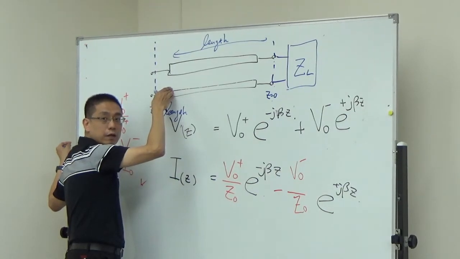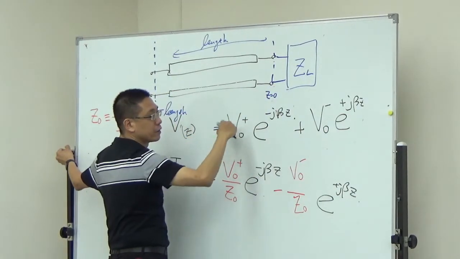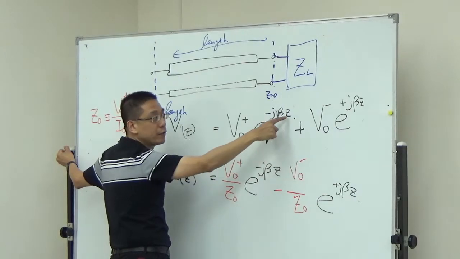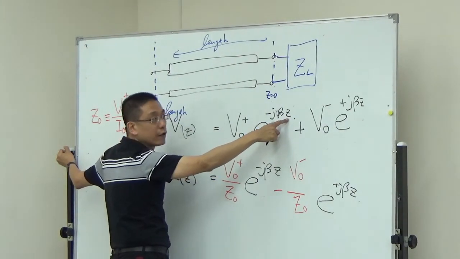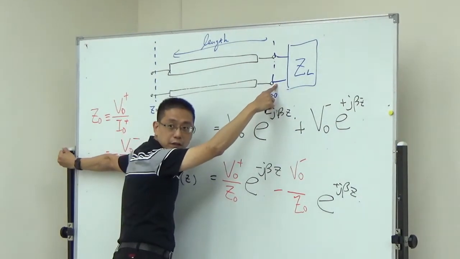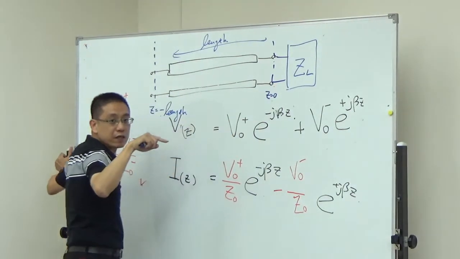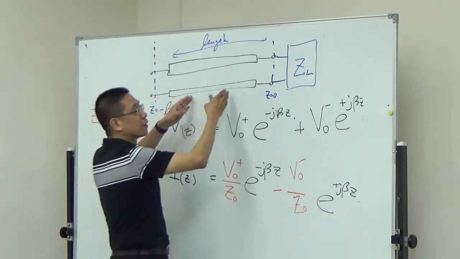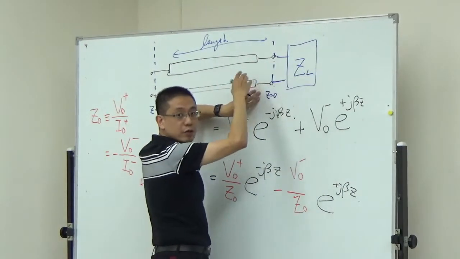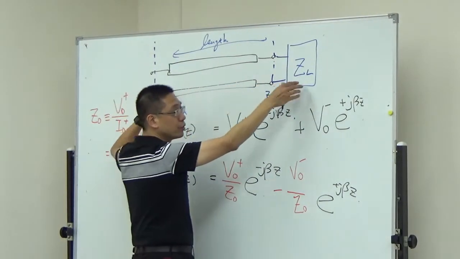Okay? If a wave goes in this direction, it is this wave. When z equals 0, it is the position at the load. Do you understand? I know it is weird, but this is because we define that when z equals 0, you don't have other transmission line, and then your wave is going to your load.